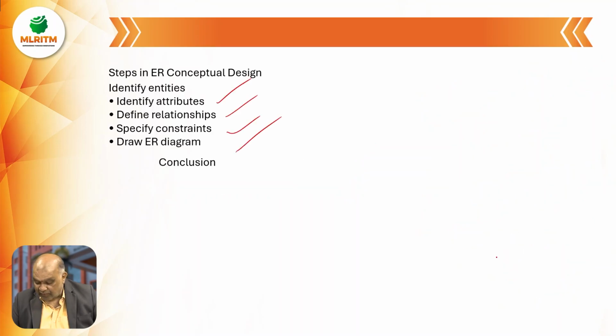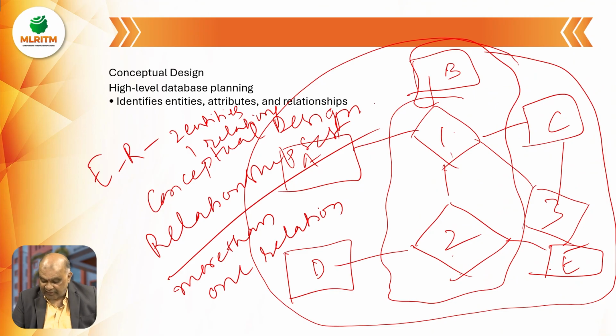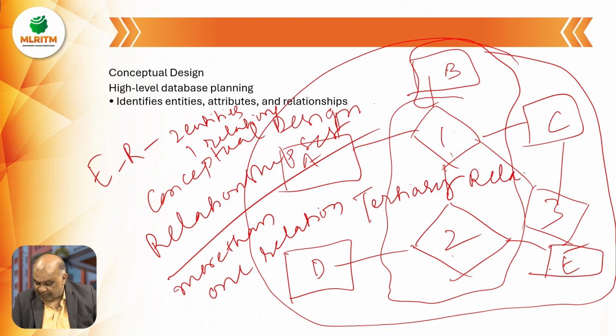The diagram which I have drawn here is called a tertiary relationship. That means we are having more than two relationships. Unary means single, binary means two, tertiary means more than two. So normally the high level conceptual design will be in tertiary relationships.